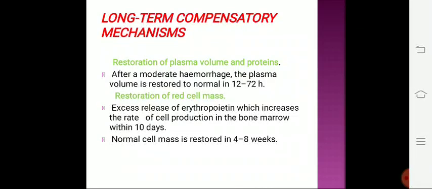Long-term compensatory mechanism. Restoration of the plasma volume and the protein. After a moderate hemorrhage, the plasma volume is restored to normal in 12 to 72 hours.